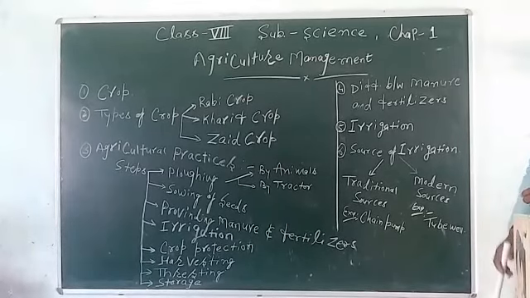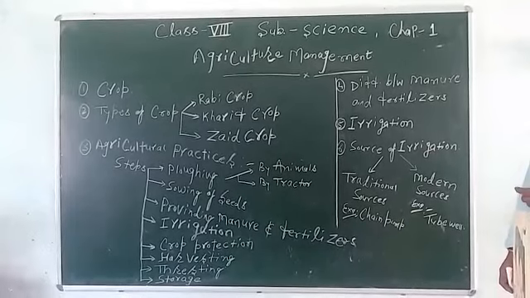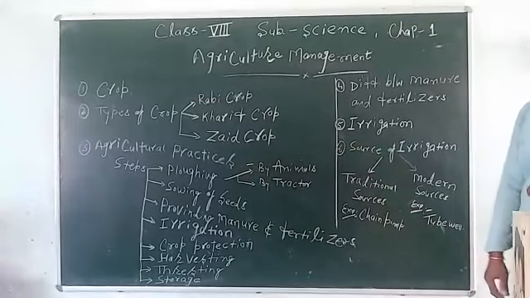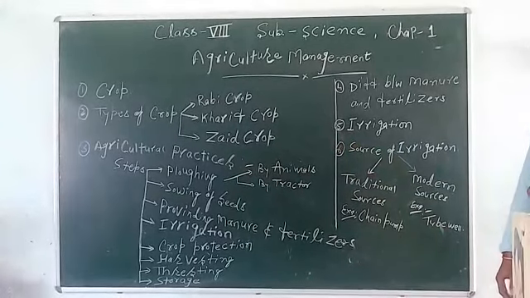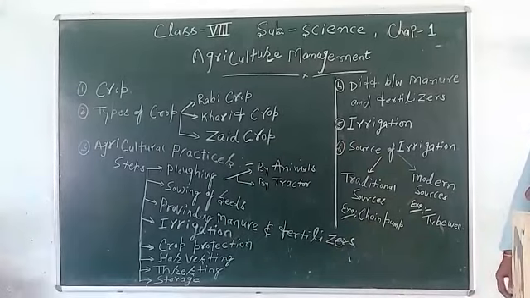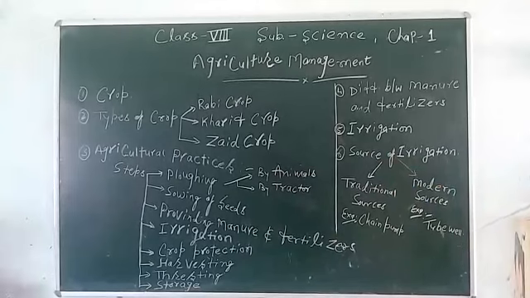Before this, select the best quality of seed. Why do we use the best quality of seed? Because we want a good yield of the crop. Okay. So for that, ploughs, hoes and cultivators are used for the sowing of the seed.